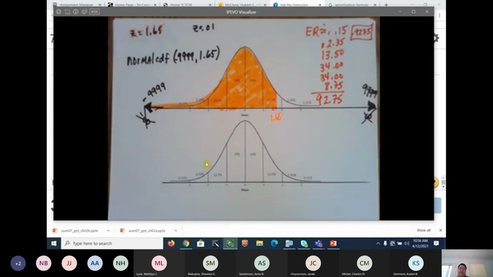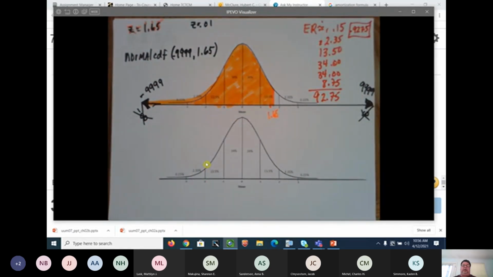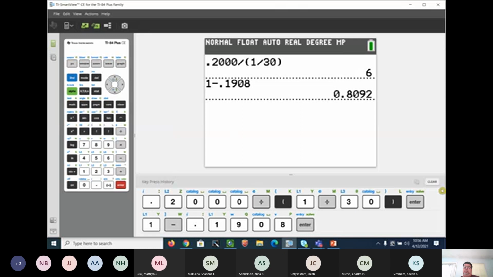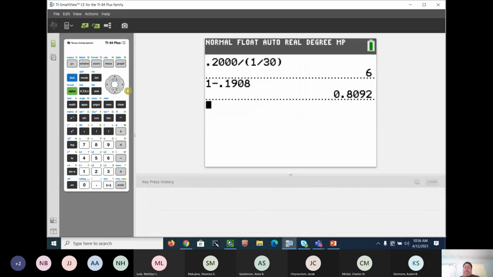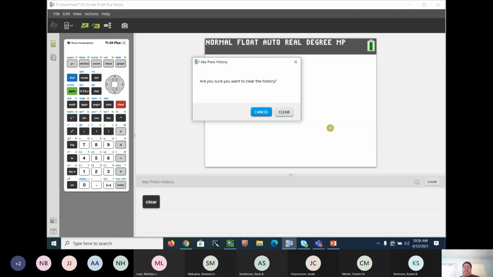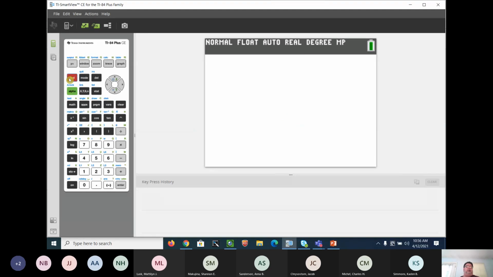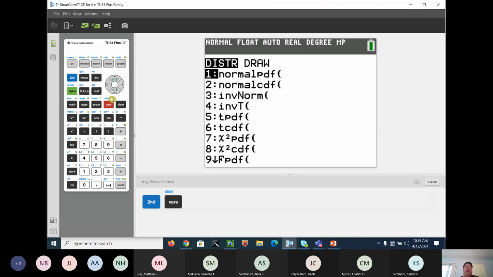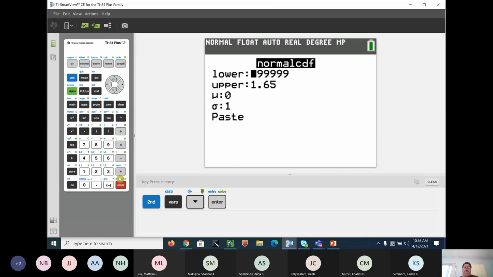So let's see. Let's take our handy dandy calculator and do normal CDF. So that would be second bars. Second bars, normal CDF, negative 9999 to 1.65, and enter.